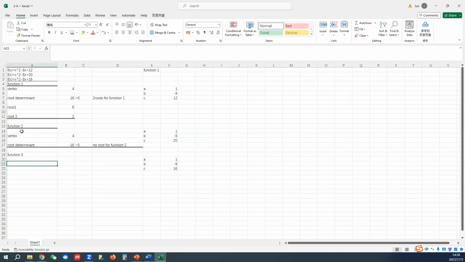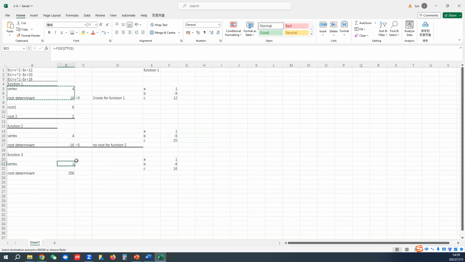Okay, so here first we need to look at vertex and root determinant. Like you found in function 2, if you are working on the root determinant and the result is negative, then you don't have to step further to solve for the roots, right? Okay, because there will be no solution.